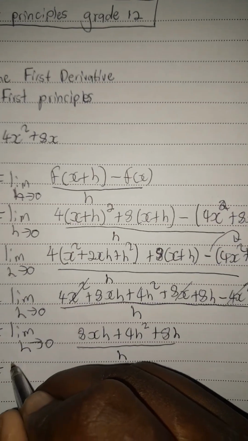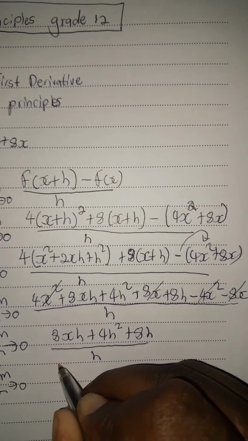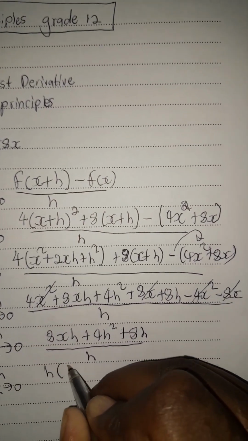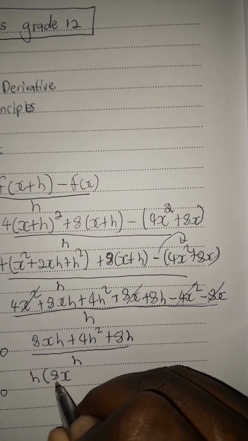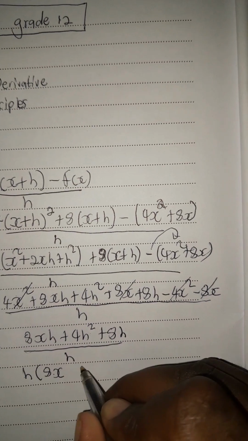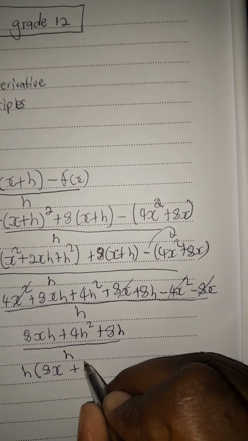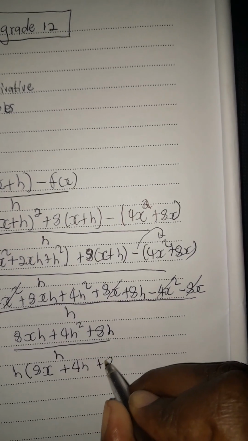So from this step, we could take out the highest common factor. What is the highest common factor? That's h. What are we left with? We are left with 8x here, since h multiplied by 8x will be 8hx. Then to get to 4h squared, we need 4h. To get to 8h, we need 8.